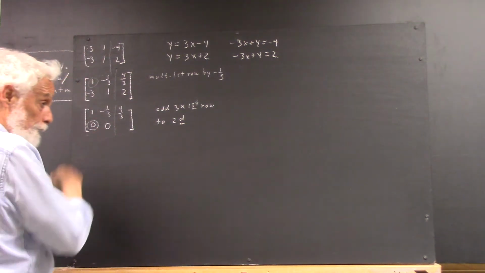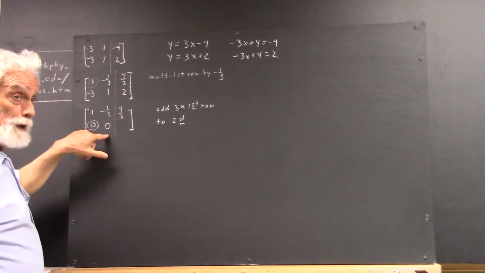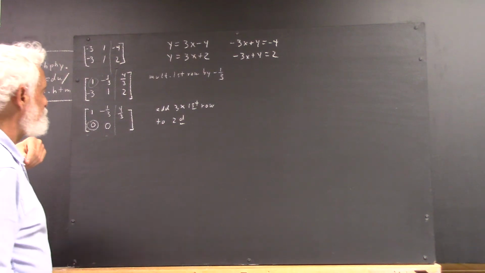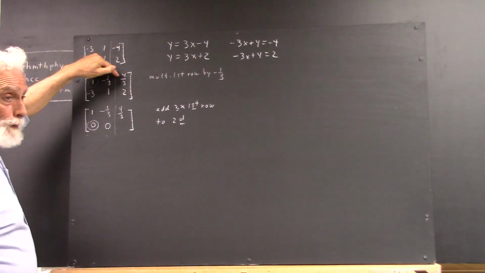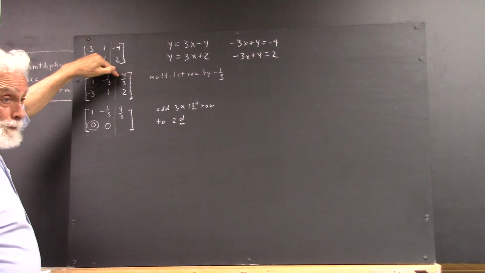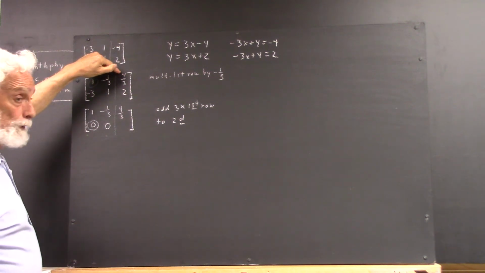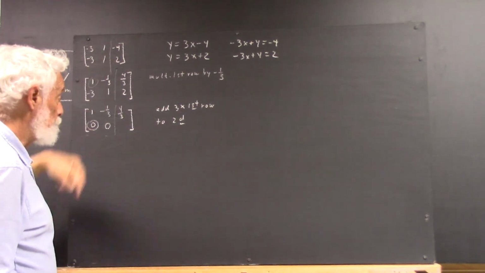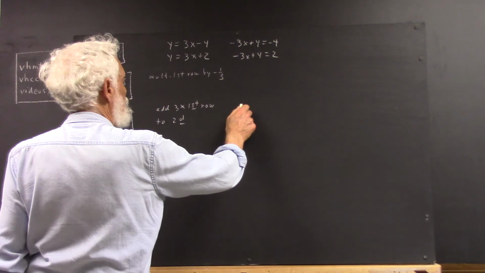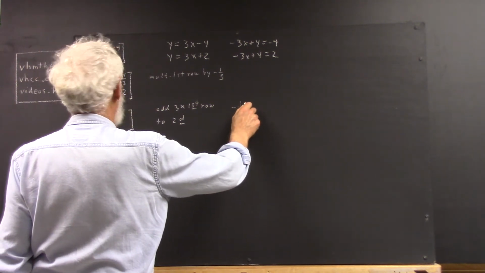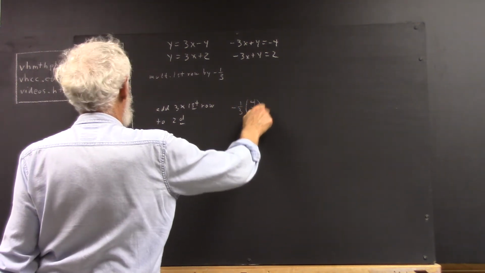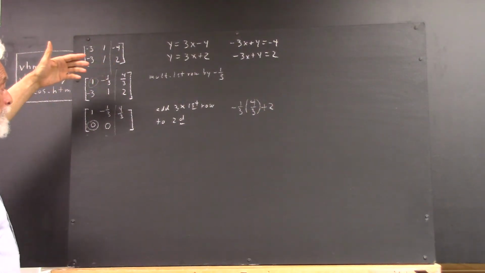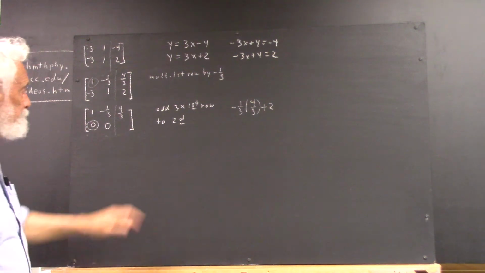Now, we weren't trying to get a 0 there, but in getting the 0 here, we ended up with a 0 here, didn't we? Okay, well, let's do the 4/3. Now, let's be careful.